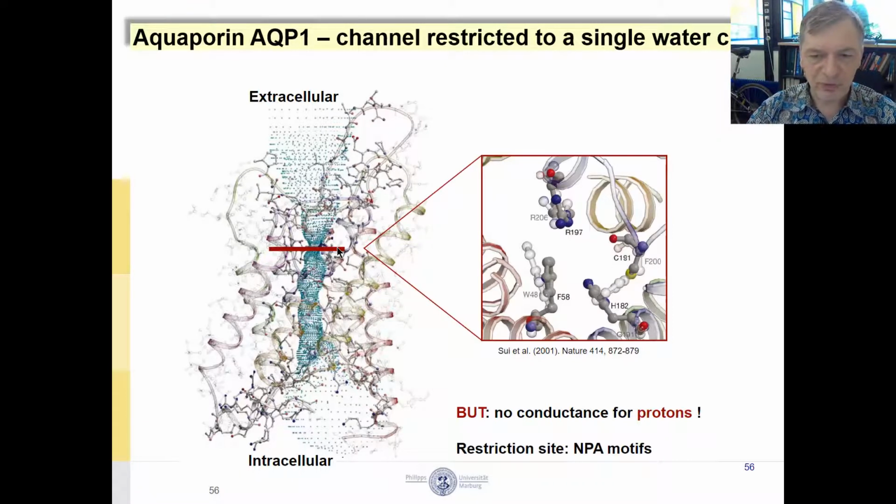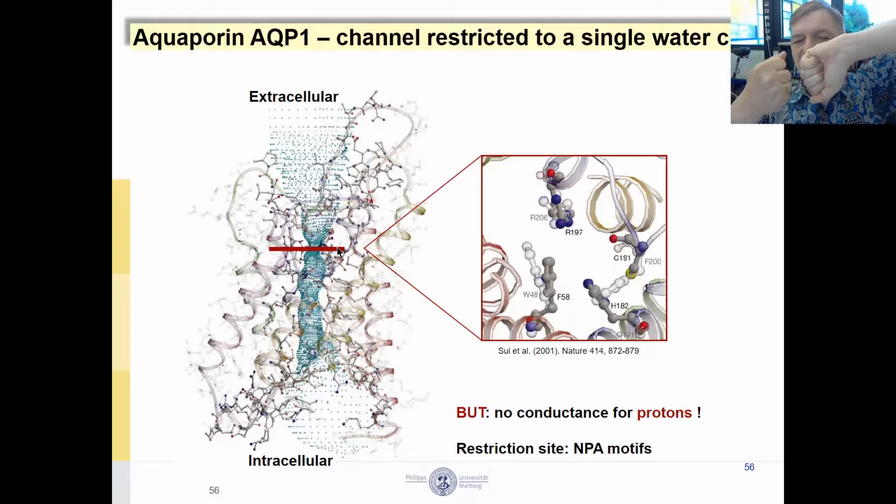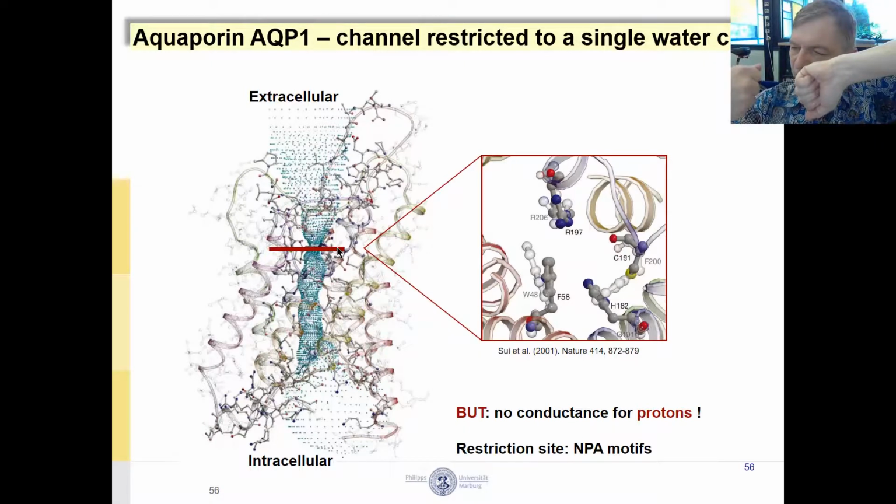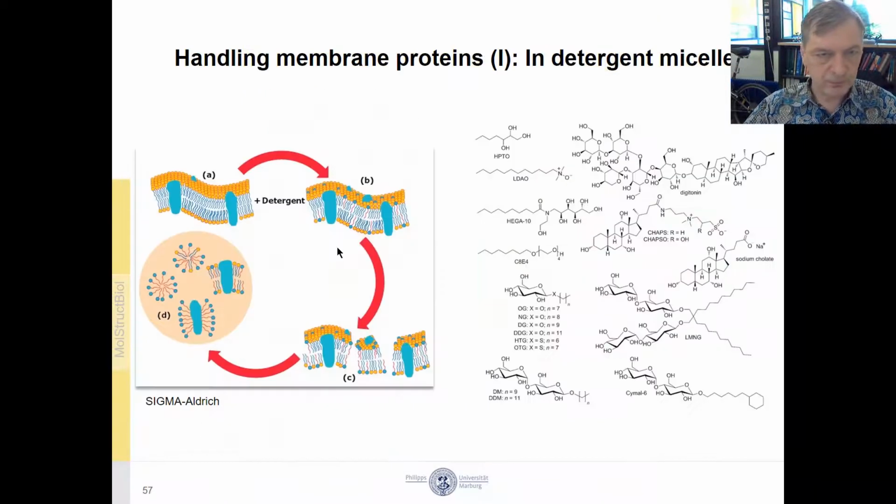The restriction site is made by these NPA motifs, asparagine, proline, alanine, and they also come from two pseudosymmetric halves of the aquaporin. So two NPA motifs come close to each other at the restriction site, where one water molecule is a bit off-rotated, the other water molecule is a bit off-rotated, and the proton chain is broken.